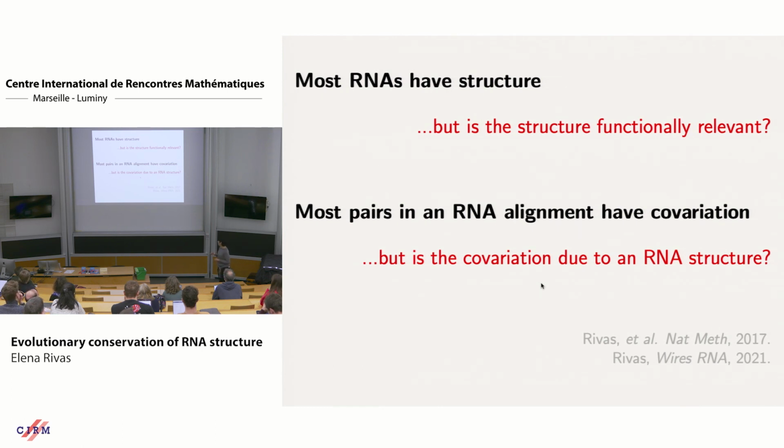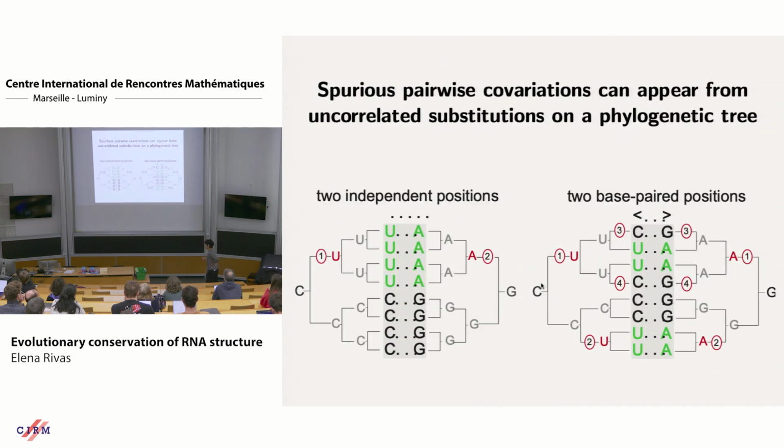If you want to identify structural RNAs through covariation, you need to be able to make that distinction. So what I'm going to try to convince you of is that there are different sources of covariation other than RNA structure. One of them being just simply that the sequences are related by a common ancestor.